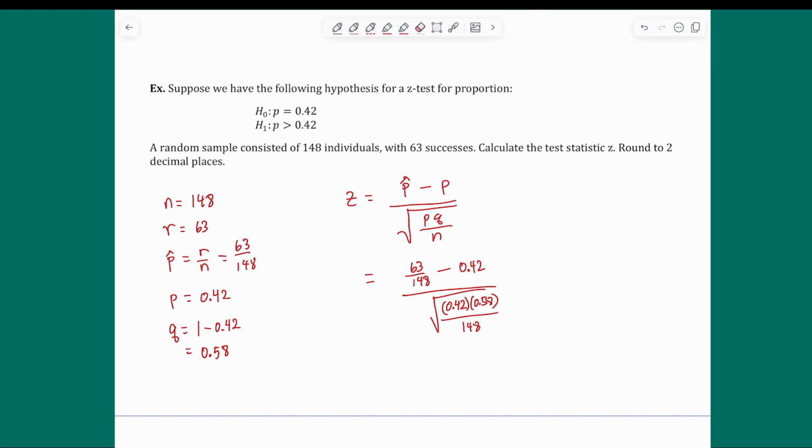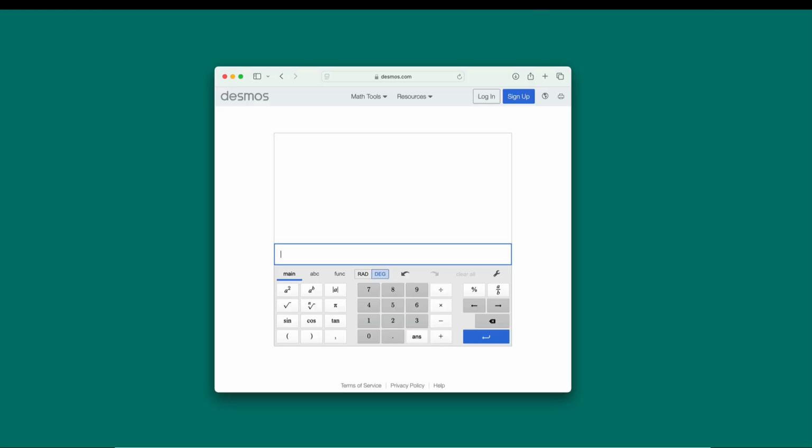Okay, so now that we have the numbers plugged in, we could go ahead and take a calculator. I'm going to go back and use decimals and punch this stuff in. Our z test statistic here consists of a fraction, but our first entry p hat is a fraction, so I'm going to have the fraction bar again.